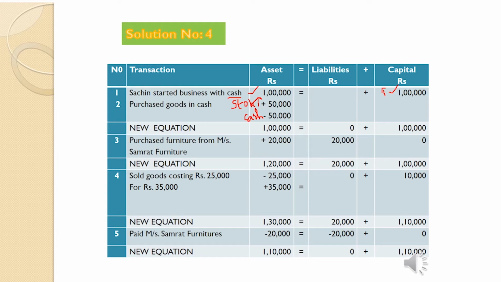So the amount is 1 lakh. New equation: asset is 1 lakh, then capital is also 1 lakh. So assets equal to liabilities plus capital is equal to 1 lakh.